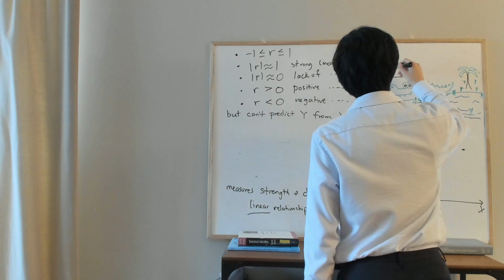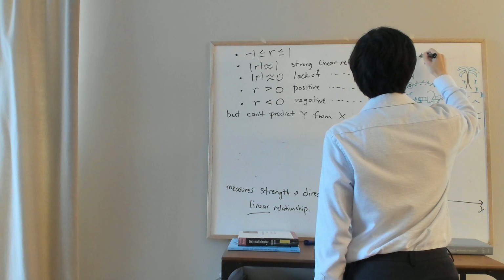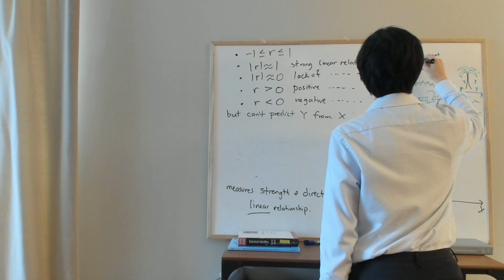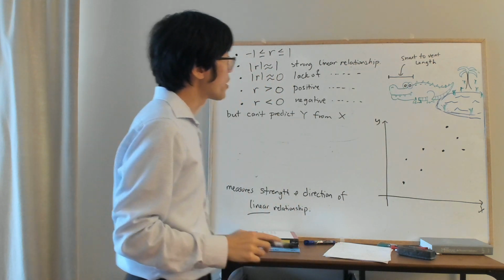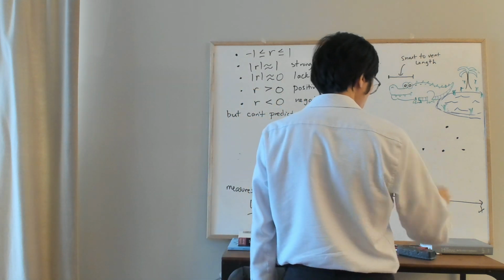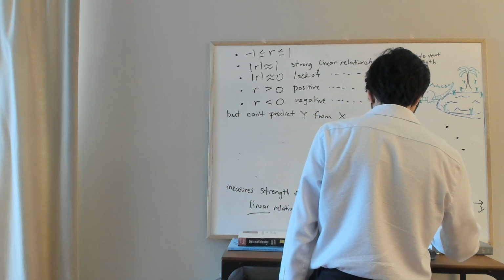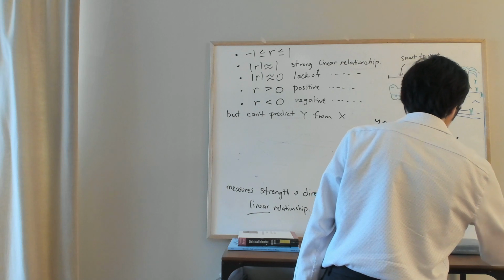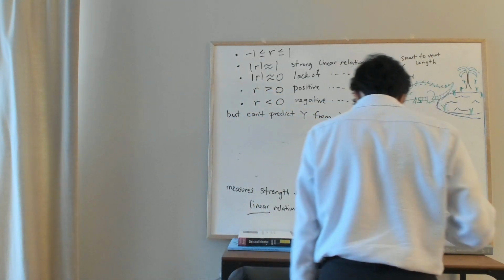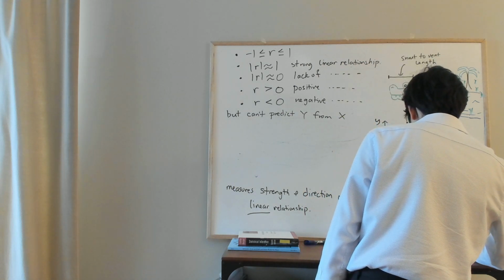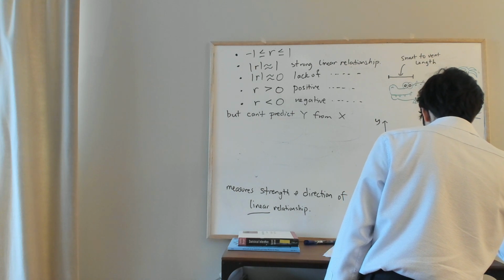So this is the snout to vent length. Let's label this on here. That typically ranges from about 80 centimeters to about 180 centimeters. So this is SVL in centimeters.